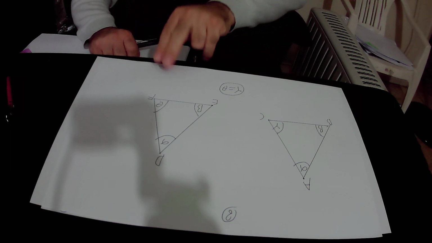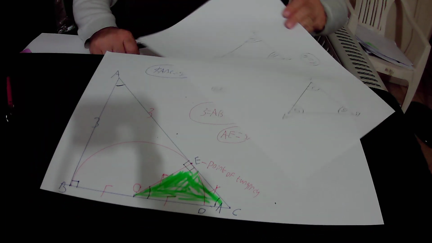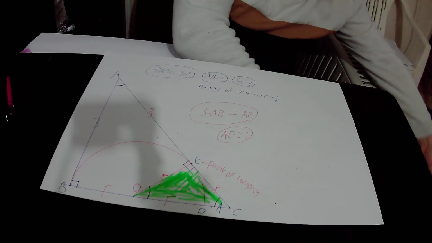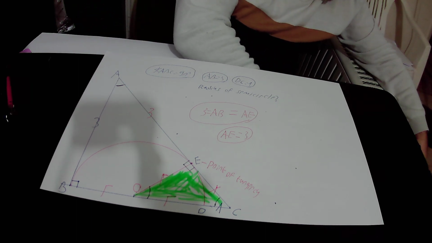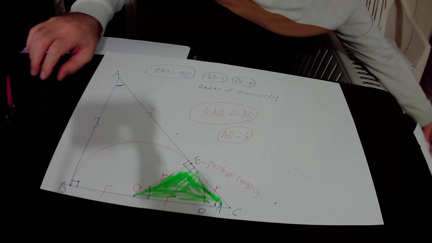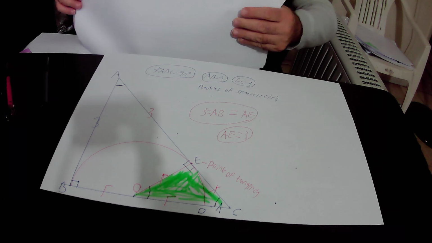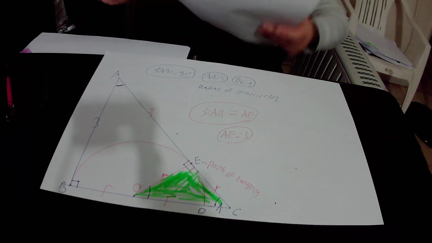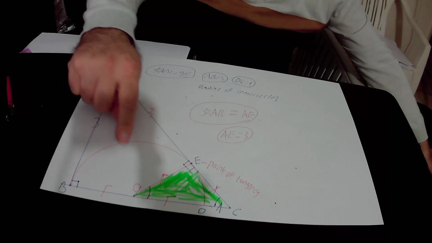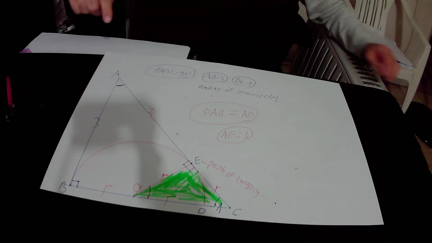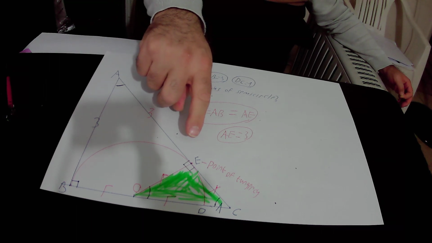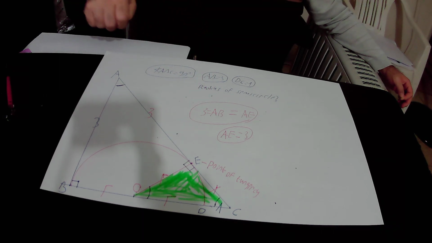Okay, so now we will return to our drawing. We actually proved that all three angles of the right triangle, triangle ABC, are congruent to all three angles of triangle EOC.